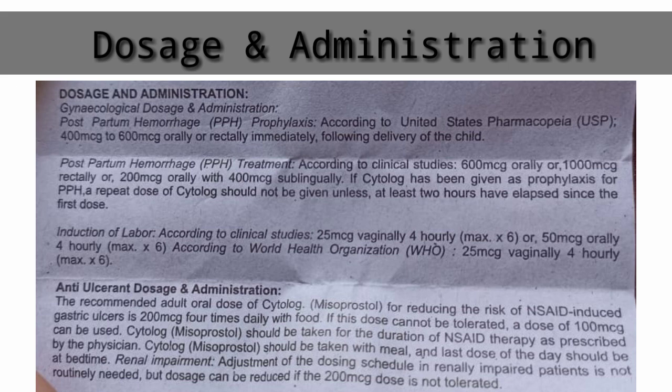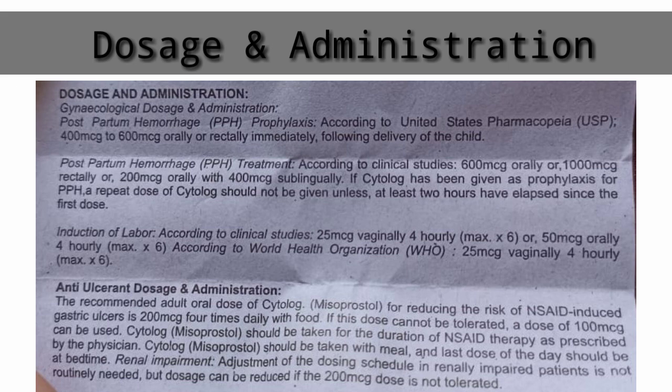Postpartum hemorrhage treatment, according to a clinical study: 600 mcg orally or 1000 mcg rectally or 200 mcg orally with 400 mcg sublingually. If Cytolog has been given as prophylaxis for PPH, a repeat dose of Cytolog should not be given unless at least 2 hours have elapsed since the first dose.